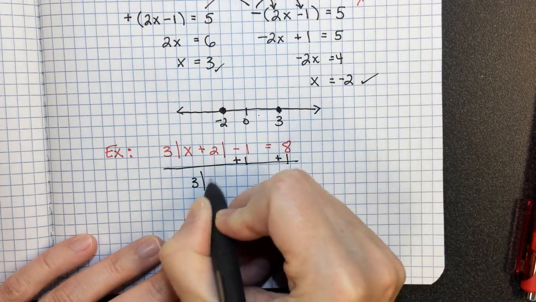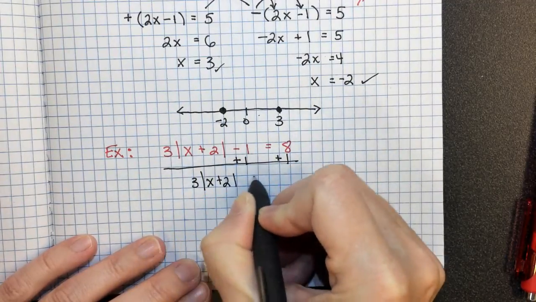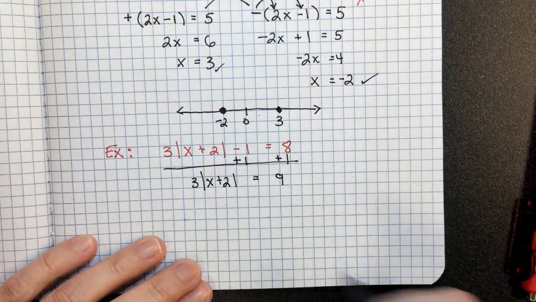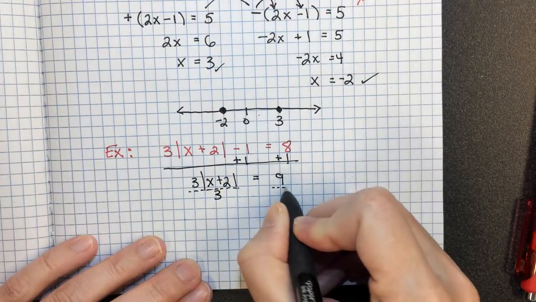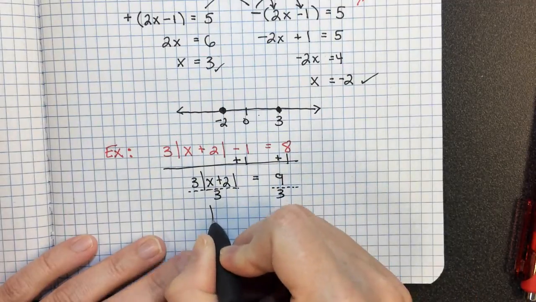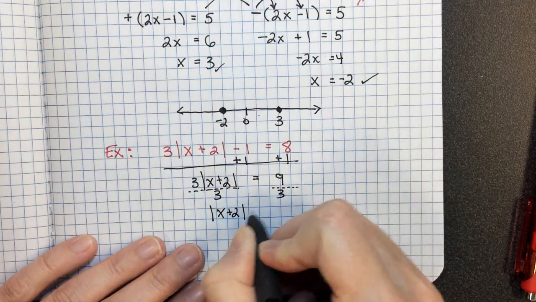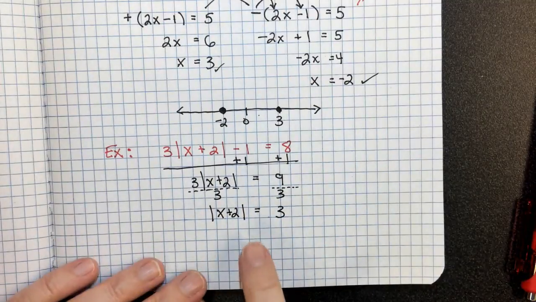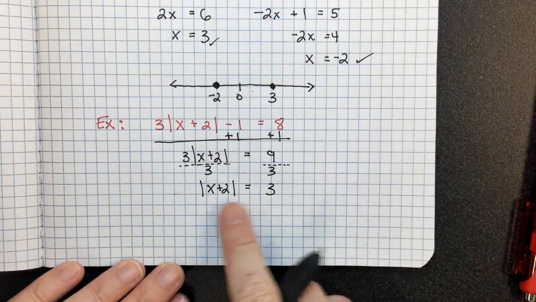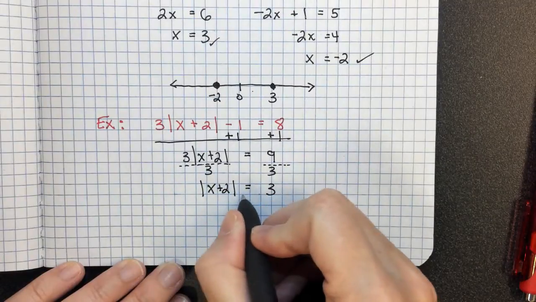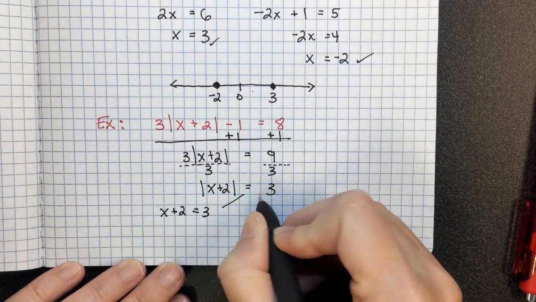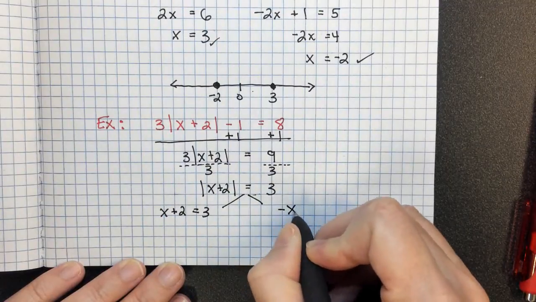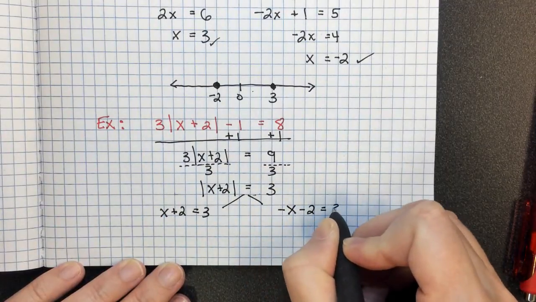So I have 3 absolute value of x plus 2 equals 9. I'm going to divide by my 3. Absolute value of x plus 2 equals 3. And now I'm going to solve both the positive and negative version. So I have x plus 2 equals 3, and I have negative x minus 2 equals 3.